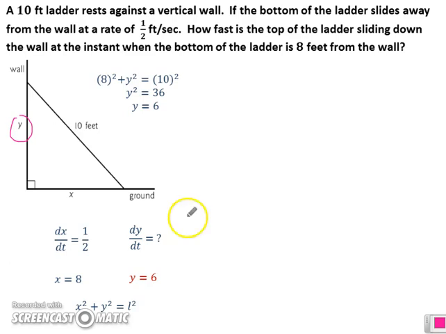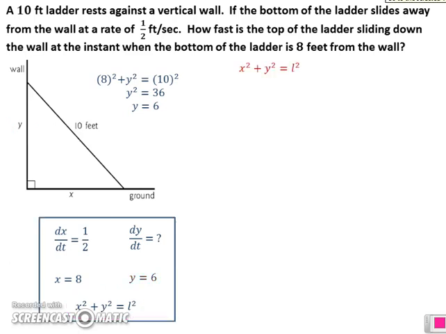And we have that right here with the Pythagorean theorem. So the situation here is a right triangle. Let's take the derivative of the Pythagorean theorem. We don't need to use the product rule here. It's just power rules for all of these. But remember, every time we take the derivative of a variable, we have to do it with respect to time again. So this will be 2x dx/dt plus 2y dy/dt equals 2L dL/dt.